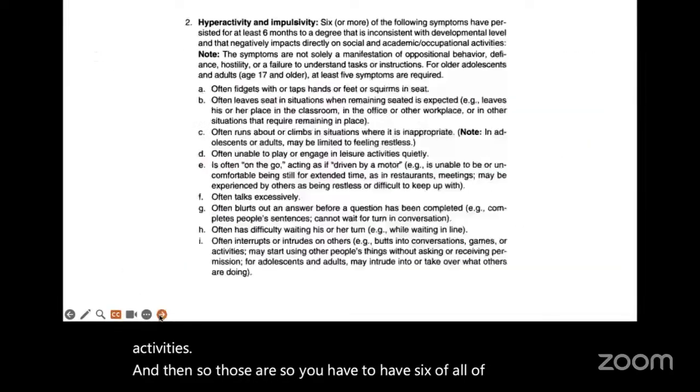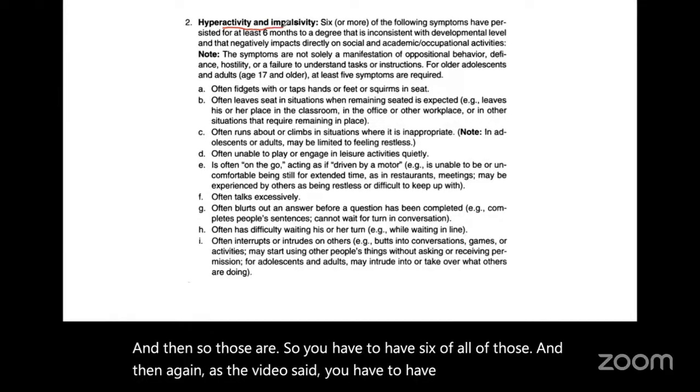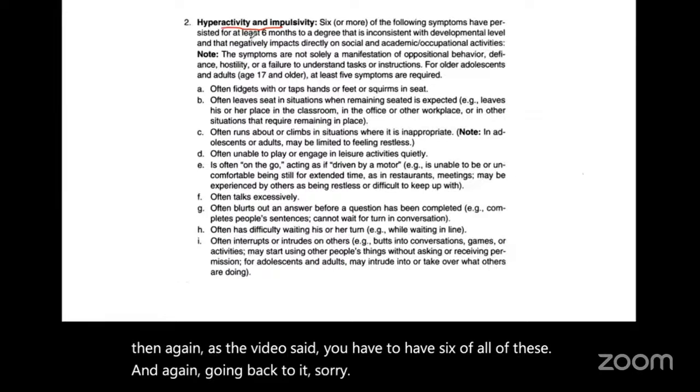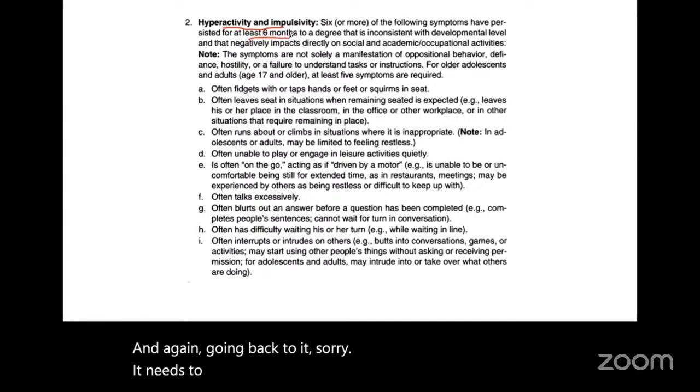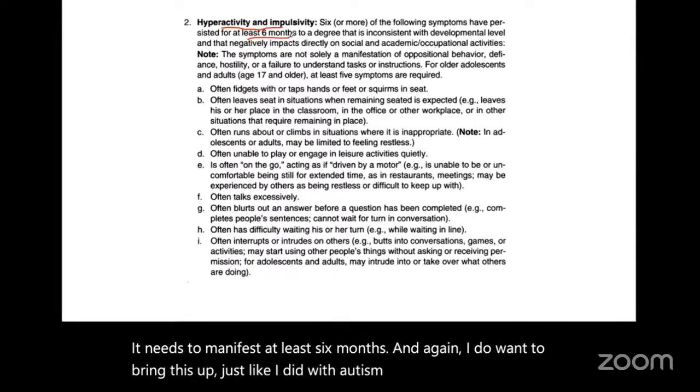And then again, as the video said, you have to have 6 of all of these. And going back to it, sorry, it needs to manifest for at least 6 months. And I do want to bring this up, just like I did with autism: these symptoms cannot just be displayed in one location, okay?